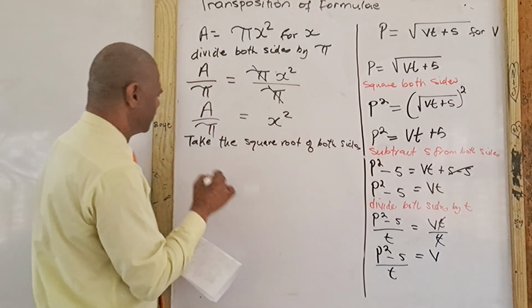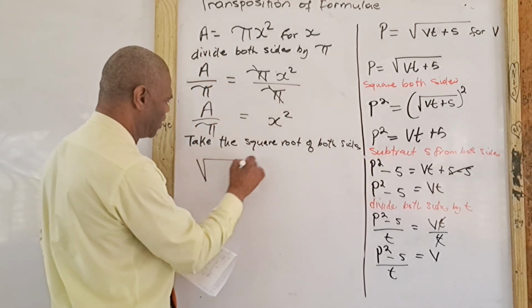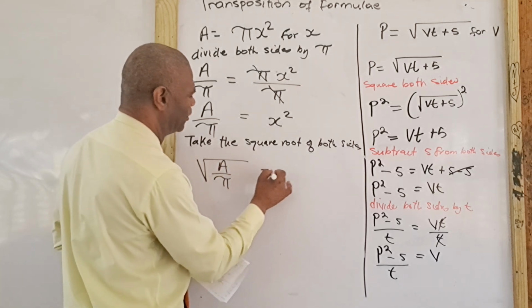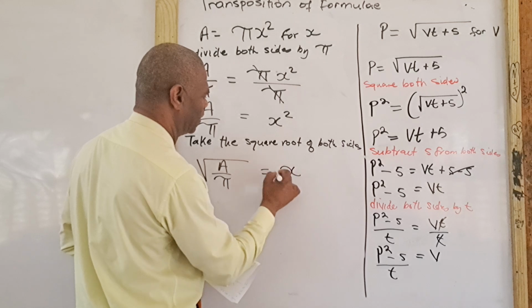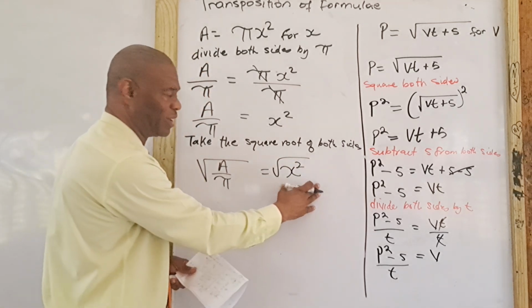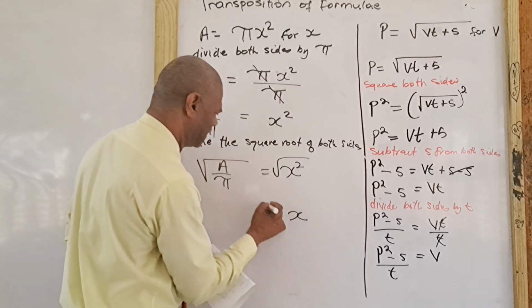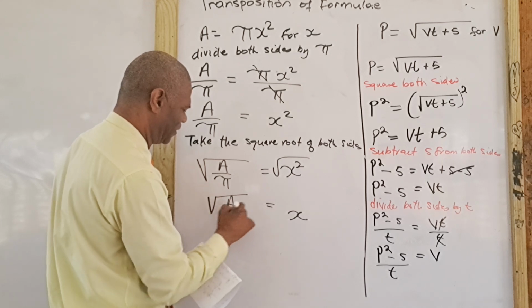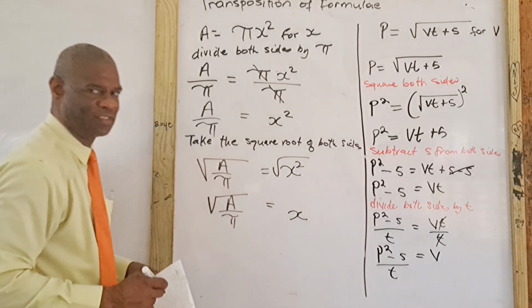That will give us the square root of A over pi equals the square root of x squared. The square root of x squared gives us x, so x equals the square root of A over pi. And there you have it.